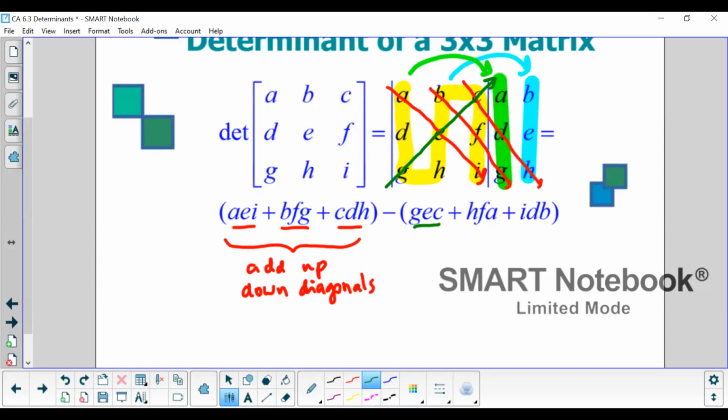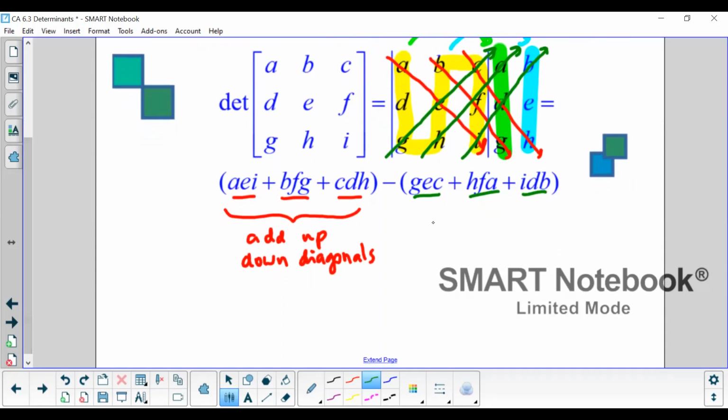My next up diagonal goes like this, H, F, A, which is right there in our formula. And then here's where I pick up the D, I, D, B, right there. So we're going to add up the up diagonals.